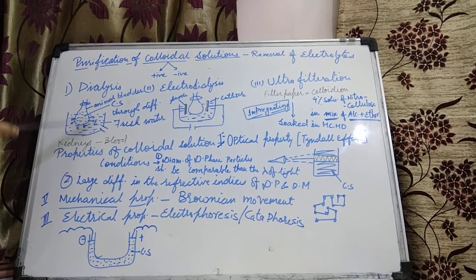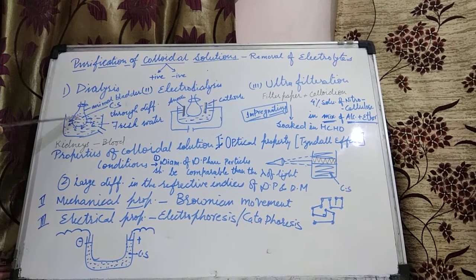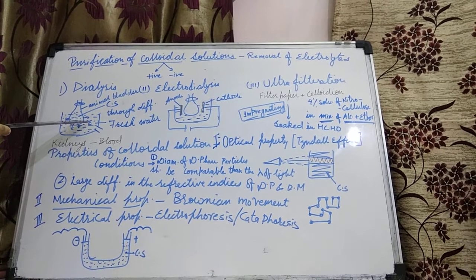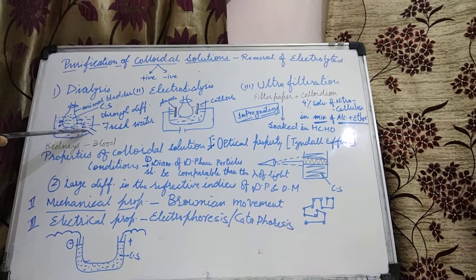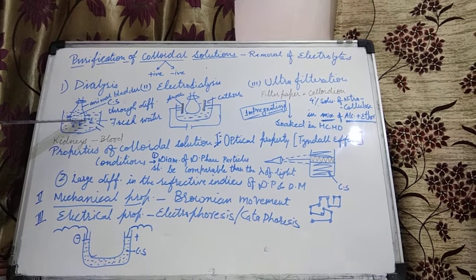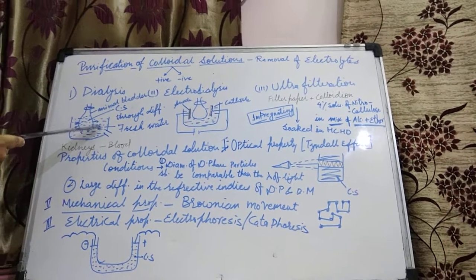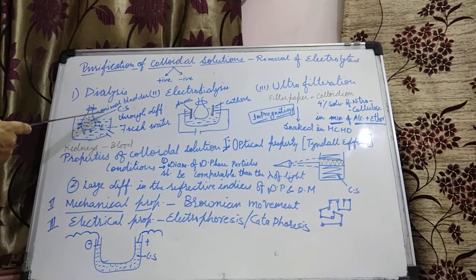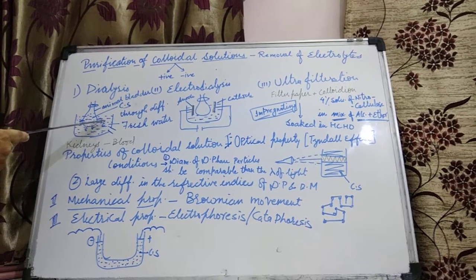This membrane acts like a semi-permeable membrane, and the particles of electrolyte, which are very small in size, can pass through. But the colloidal particles cannot pass through this bag. Only the electrolyte comes out through the pores present in the animal membrane, animal bladder, parchment paper. In this way, excess impurities are removed.